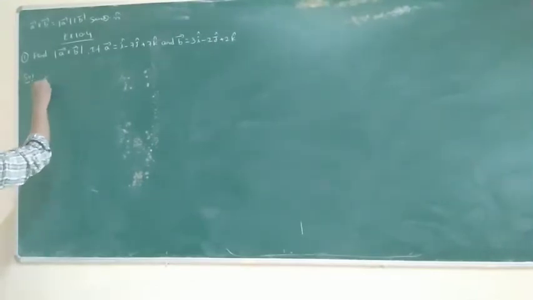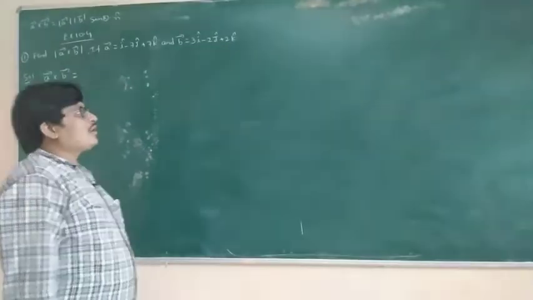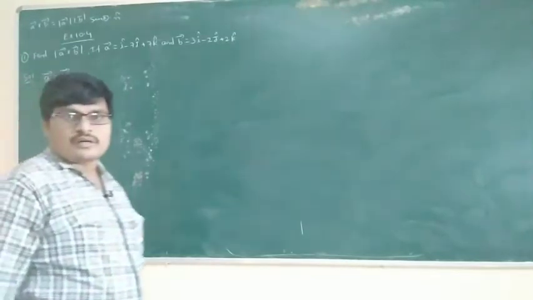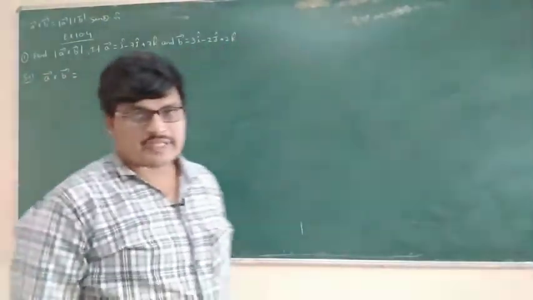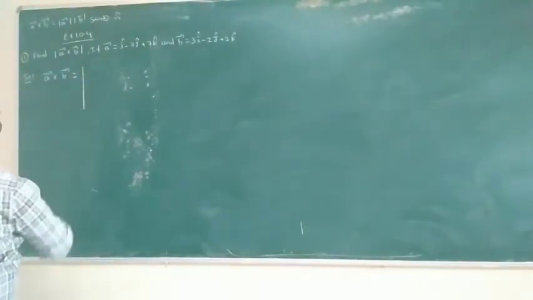Solution. First of all, we have to find A bar cross B bar. A bar cross B bar is a vector. A bar dot B bar is a real number, means scalar. So this is the procedure of A bar cross B bar.